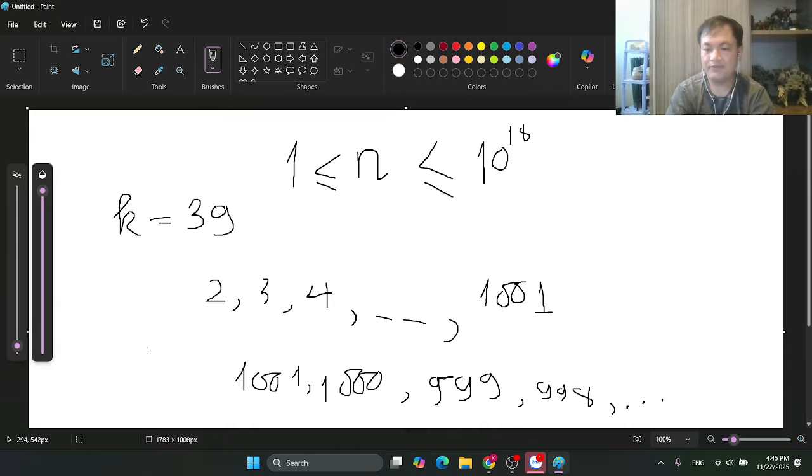and you will find the LCM of all these numbers. You have to find the LCM of all these numbers.